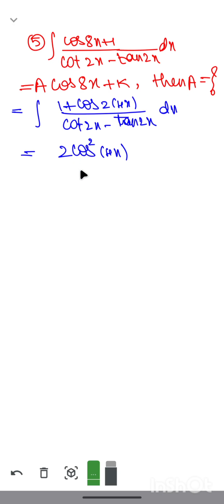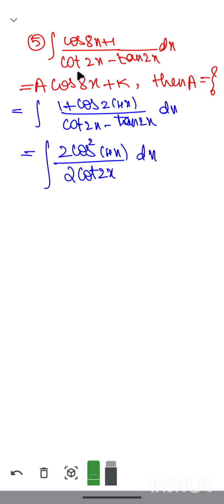What is this cot 2x minus tan 2x? Can I write it in the form of cot theta minus tan theta? Cot theta minus tan theta is nothing but 2 cot 2 theta. Using that formula, the whole denominator can be rewritten as 2 cot 4x into dx.